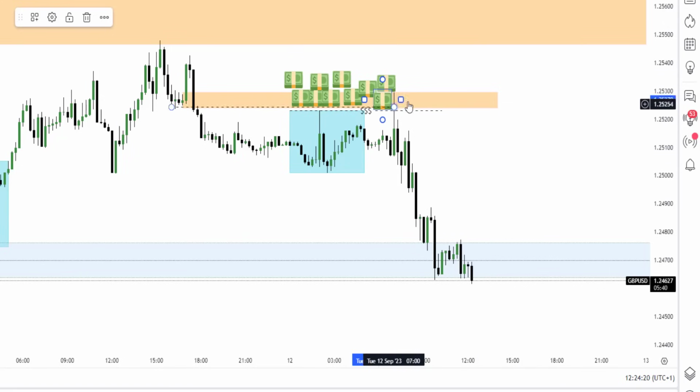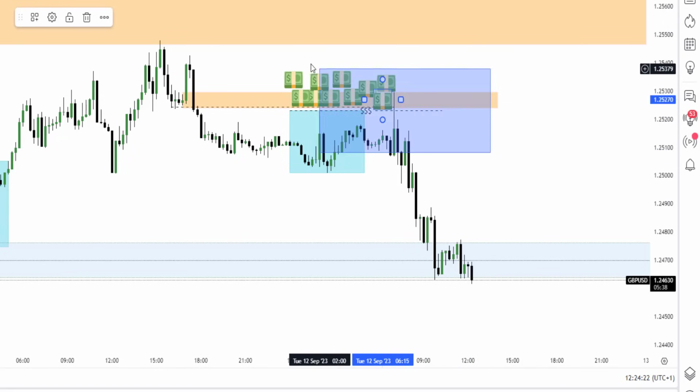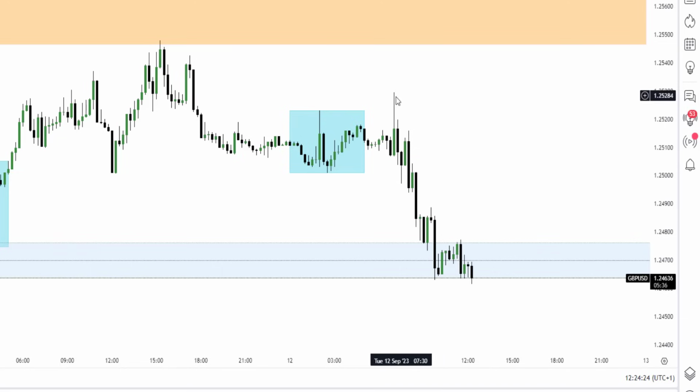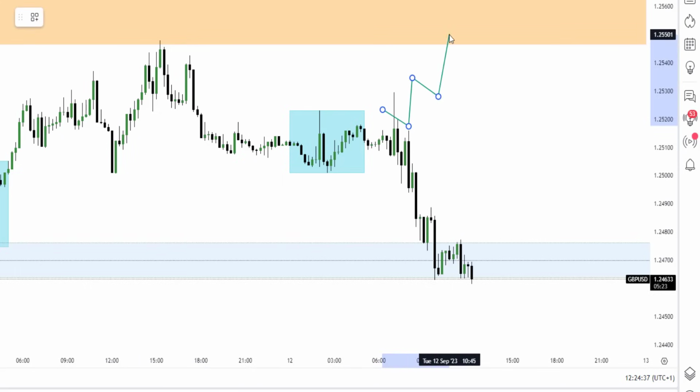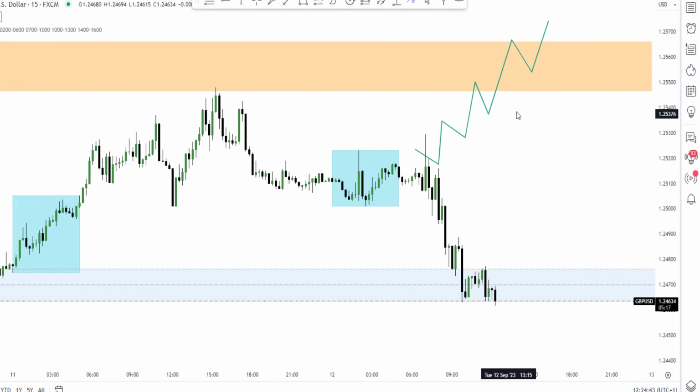So this push above is what ICT calls the Judas swing. You sweep above the Asian high, making people think that price just retraced and now we're about to go bullish. Other people are planning to go bullish from here. But with this understanding, you know that the London Killzone always gives you that.